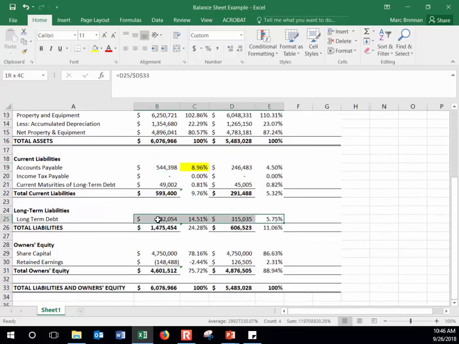Now this one would be a big one. Our long-term debt used to represent 6%, let's say, of our total liabilities and owner's equity. Now we've increased it so much that it represents 14.5%. Some of us may say we've taken on a lot more money as a loan. This is a bad thing. But again, it depends on who's asking. As an owner, as a manager, you don't necessarily want to borrow a lot of money.